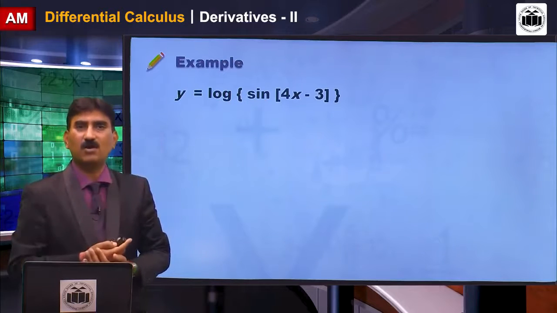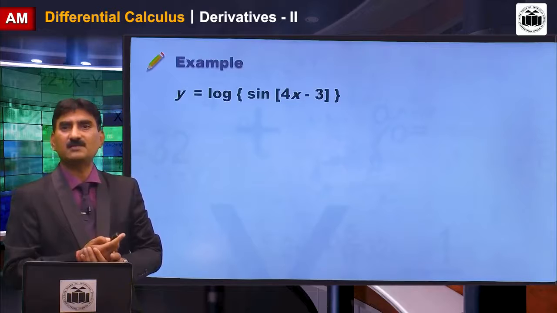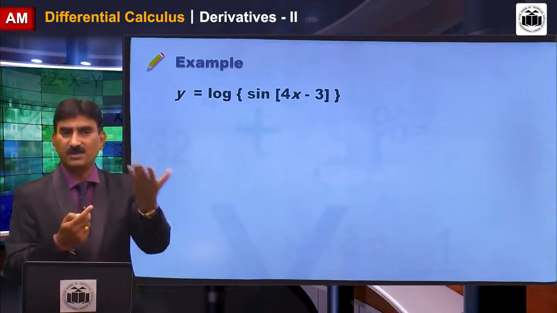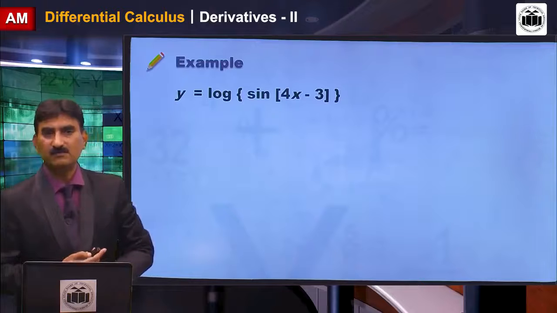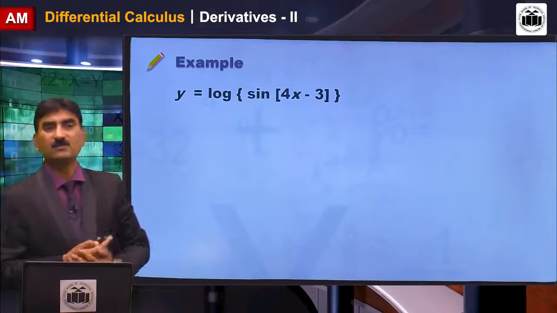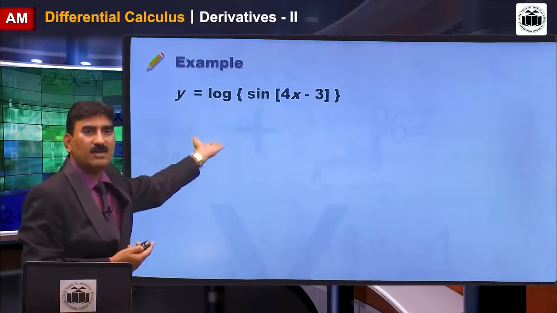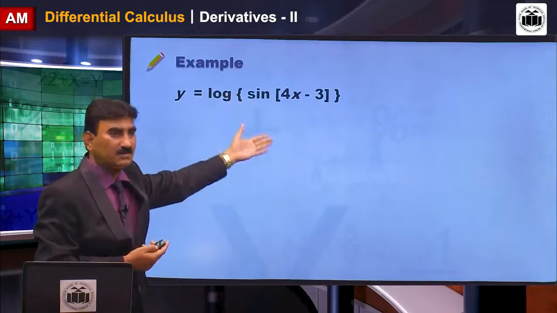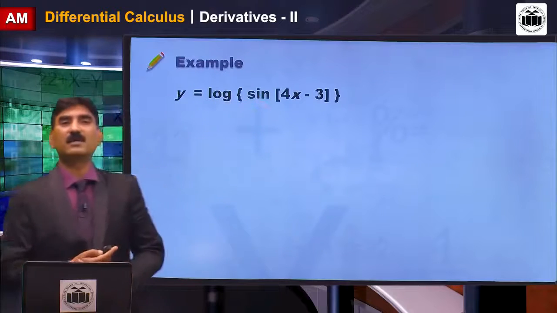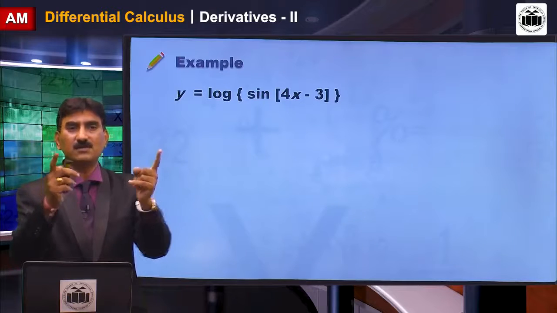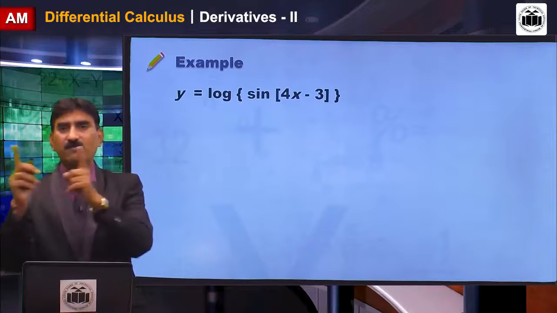First one is log, second one is sine and third one is 4x minus 3. So first, whose derivative will you take? First we will take the derivative of log, after that the derivative of sin, and lastly we take the derivative of 4x minus 3. But now we have to arrange in a proper way, in the form of the chain rule.